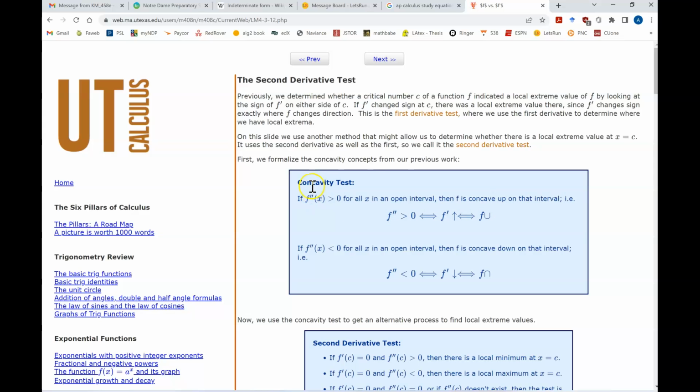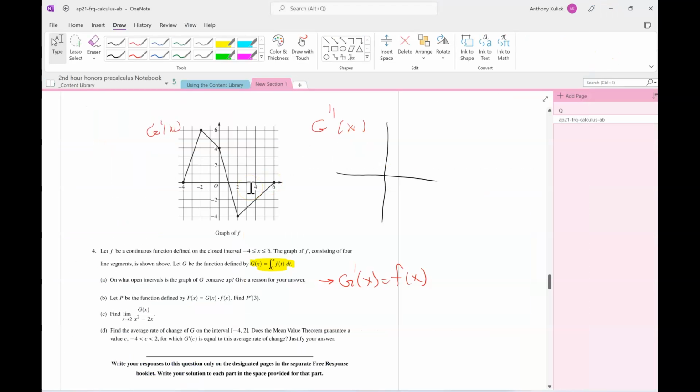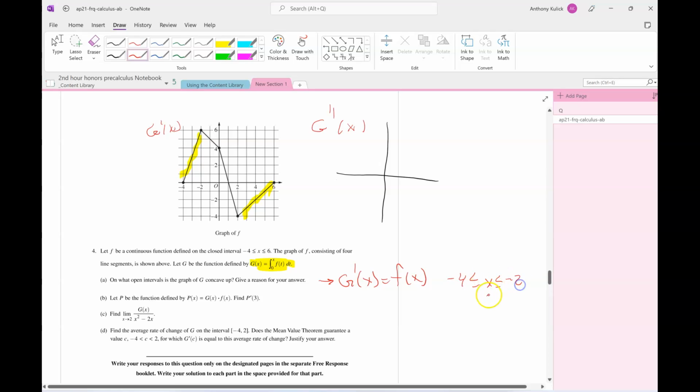Okay, if the second derivative is positive on some open interval, then f is concave up on that interval. And if the second derivative is negative, then it's concave down on that interval. Right? So the slope here is positive, and the slope here is positive. So it's just going to be from -4 to -2, or from 2 to 6. That's it.